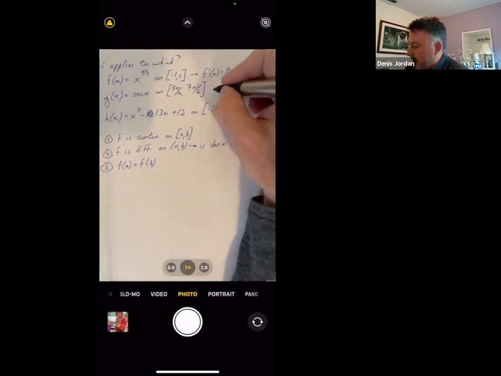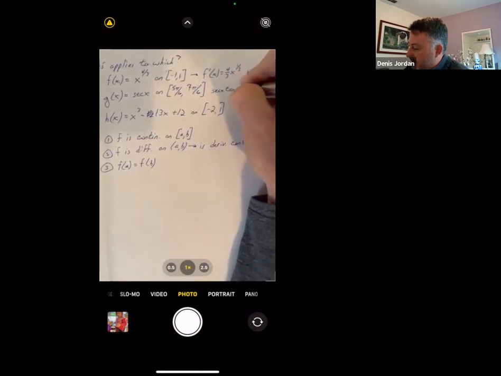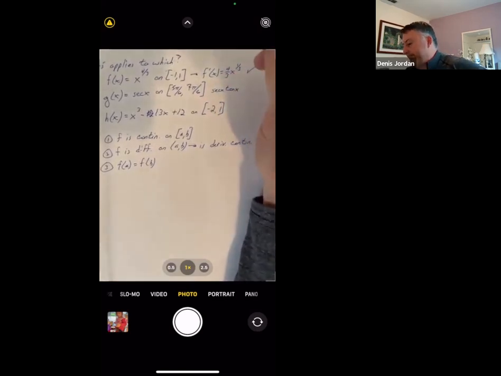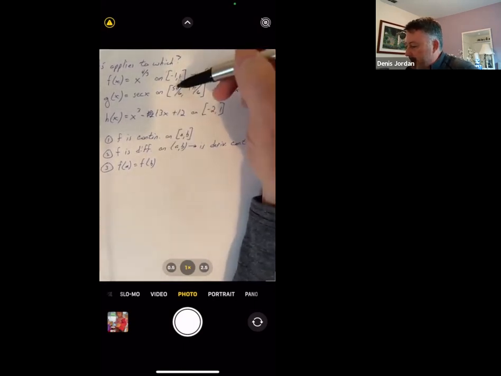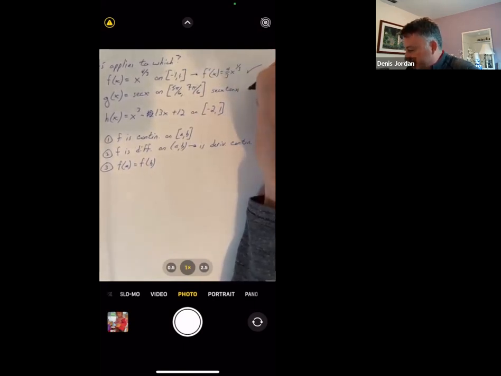Its derivative is secant tangent, and the derivative is continuous as well; you can plug any number into it. Then check f of A equals f of B. Secant of 5 pi/6 and secant of 7 pi/6 both come out as -√3/2.